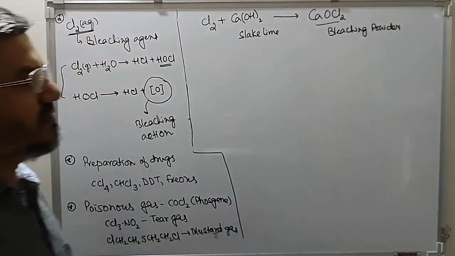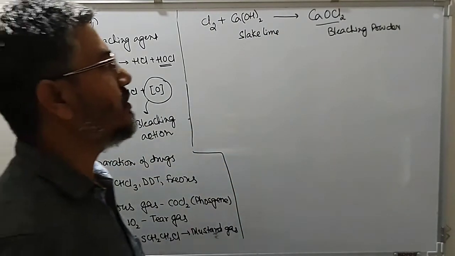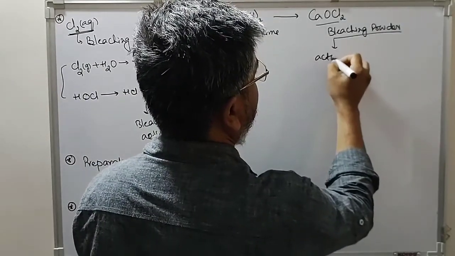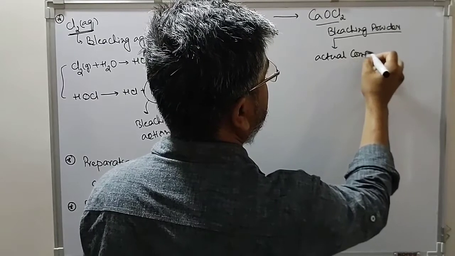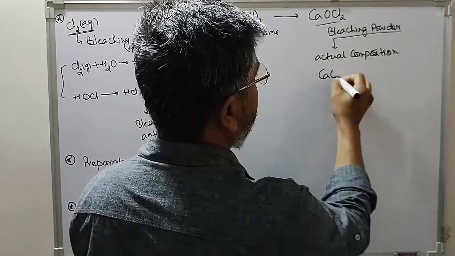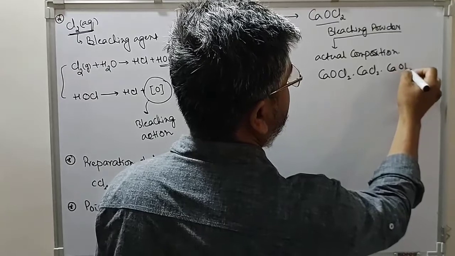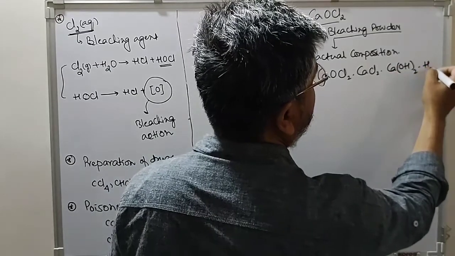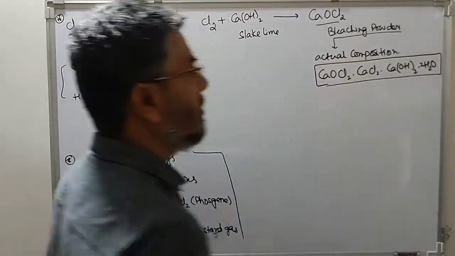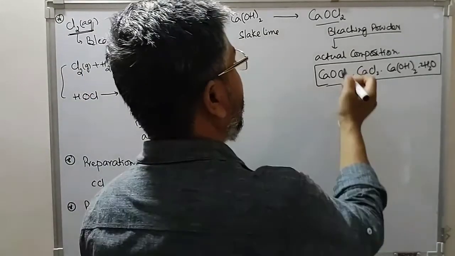Bleaching powder is often written as CaOCl2, calcium oxychloride, but the actual composition is different, and the bleaching action is mainly because of this.